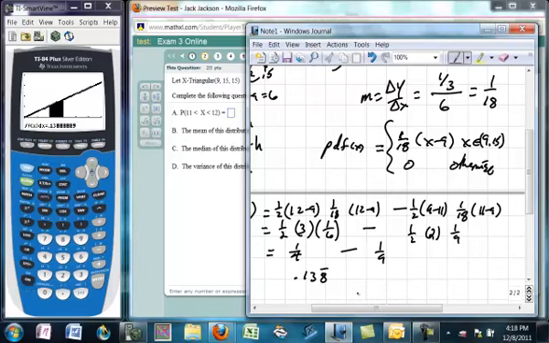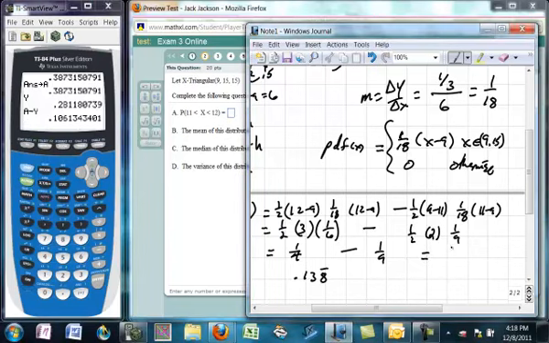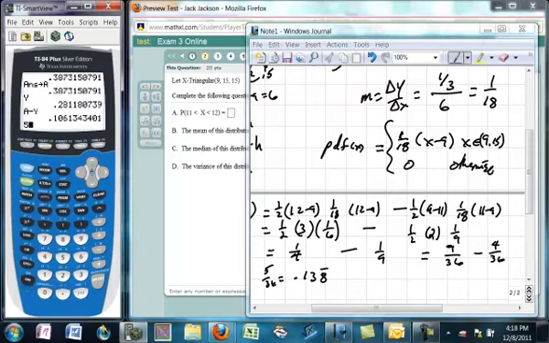So 1/4 minus 1/9, we could get a common denominator there of 36: 9 over 36 minus 4 over 36 is 5 over 36, and yeah, same thing, 0.138 repeating.